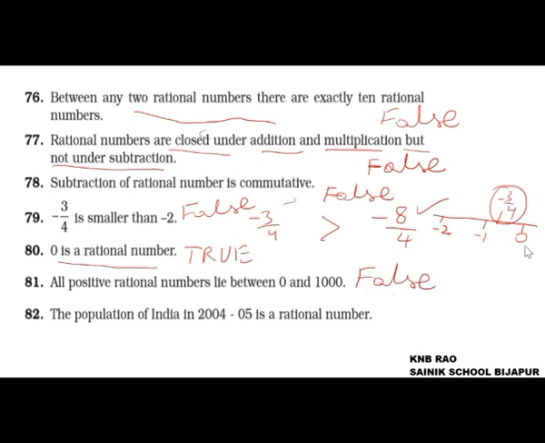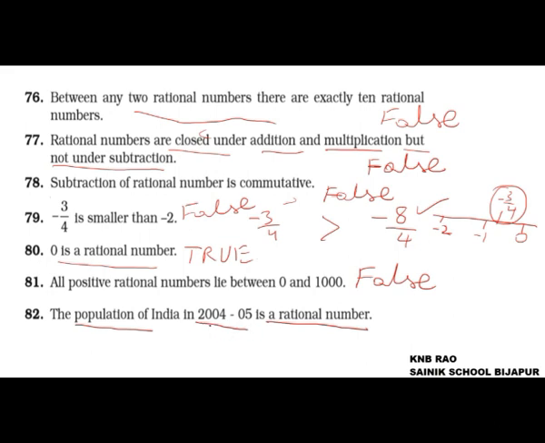Next, the population of India in 2004 and 2005 is a rational number. Population is always a number. What type of number? It's a whole or complete number.